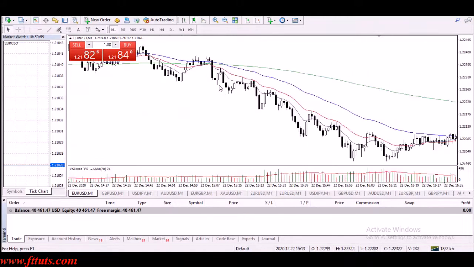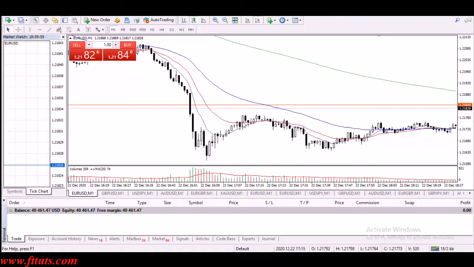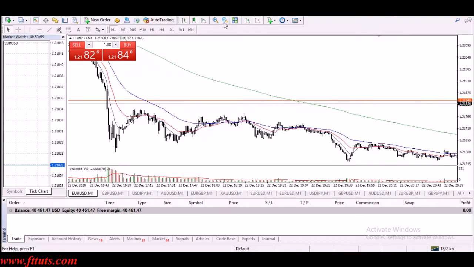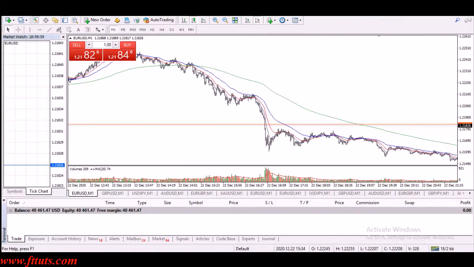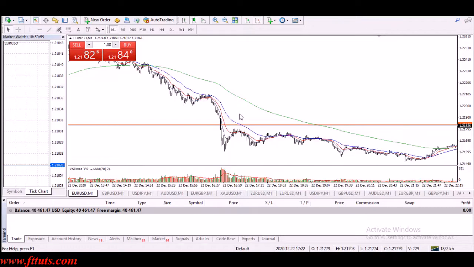Imagine you are riding all of these, and with more experience you will start selling more, and whenever the price reaches EMAs, the resistance lines, you sell more and more and more. Here you have officially traded this downtrend, and imagine from here to there, let's see how many points.